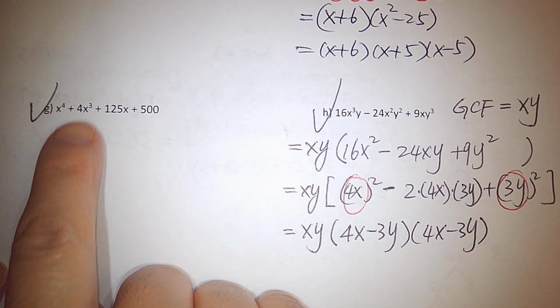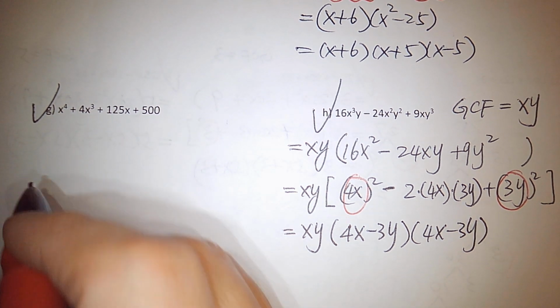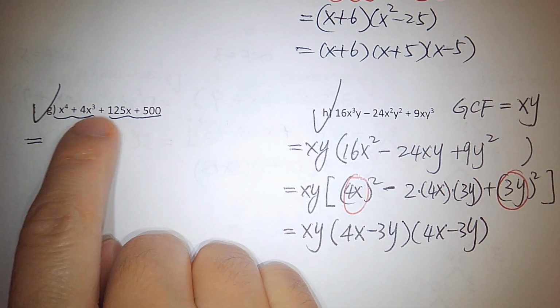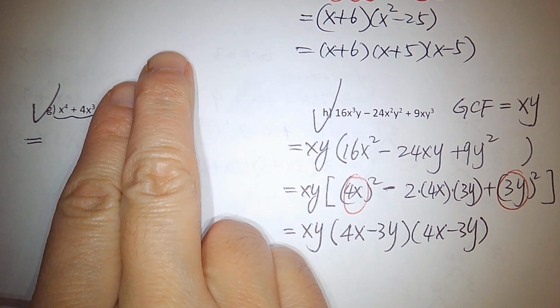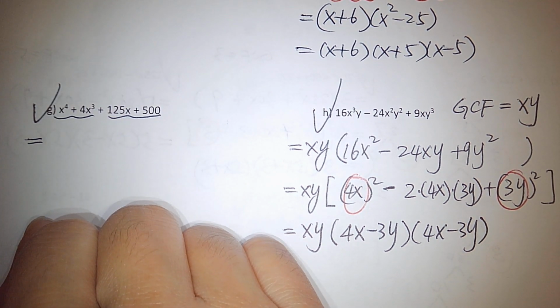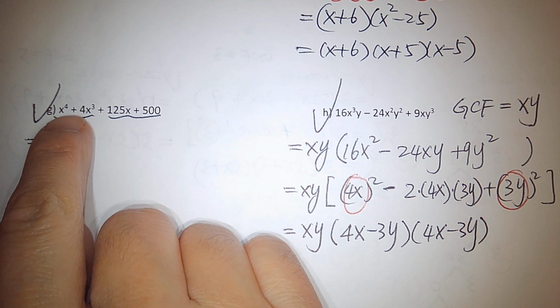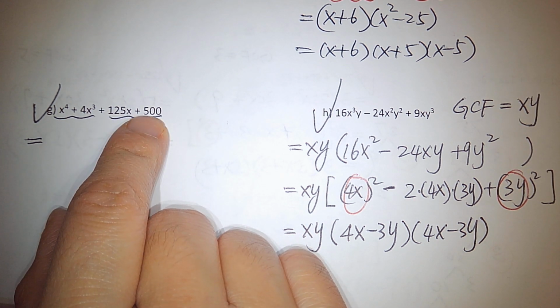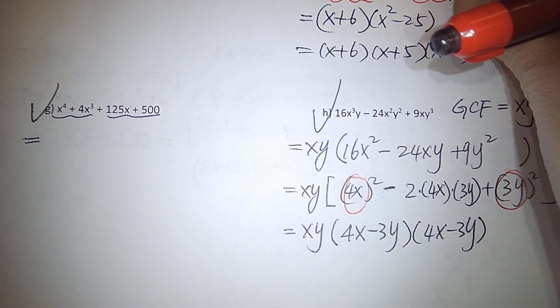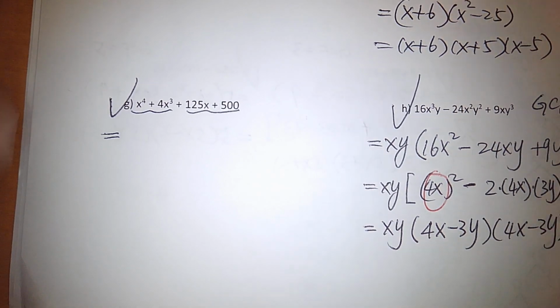Cameron, how about you tell us? I'm still trying to work on the first part. Did you group them into 2 terms and 2 terms? Not yet. You try to find the greatest common factor. For the x to the 4th power, what is the coefficient? 1, right?